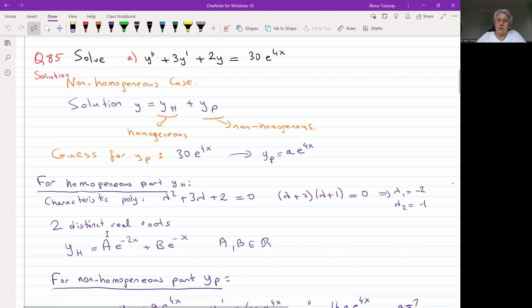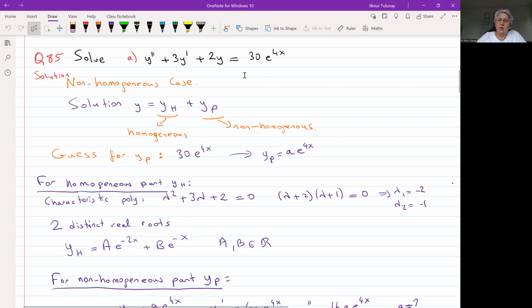If we have two real distinct roots, then the homogeneous solution is given by a constant times the exponential of the first root times x, plus another constant times the exponential of the other root times x. A and b are any real numbers in this case. So that is yh, the homogeneous solution.